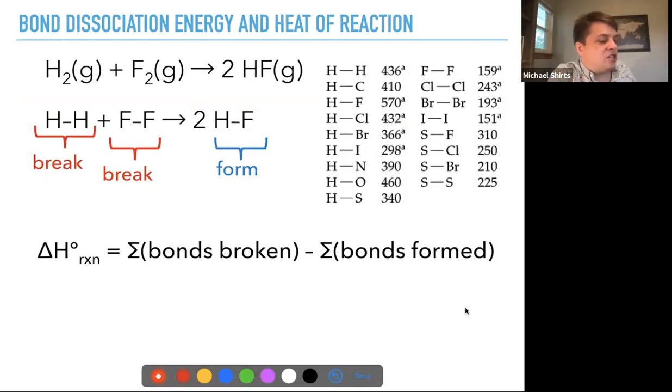So if we're dealing with H2 gas plus F2 gas to produce 2 molecules of hydrogen fluoride, then if we have a mole of that, we're breaking a mole of H-H bonds, and also a mole of F-F bonds, and we're forming 2 moles of H-F bonds. So we can write this out.